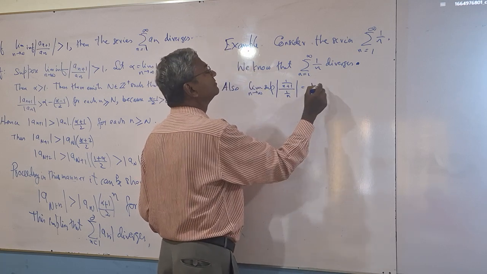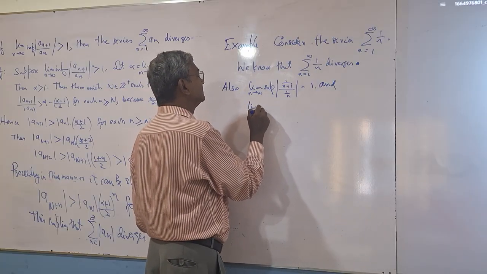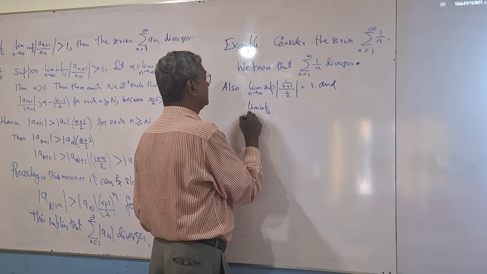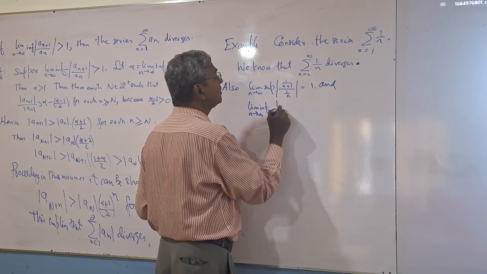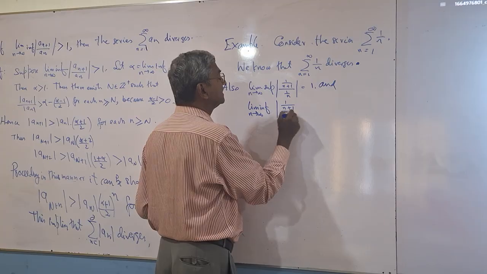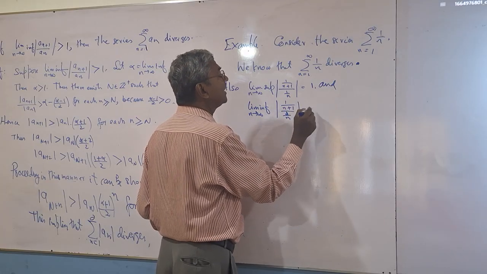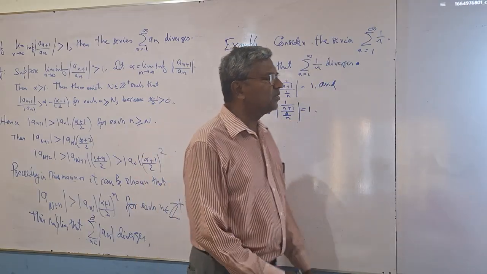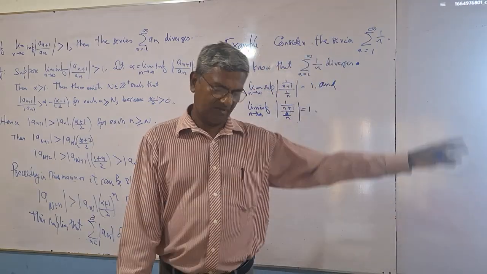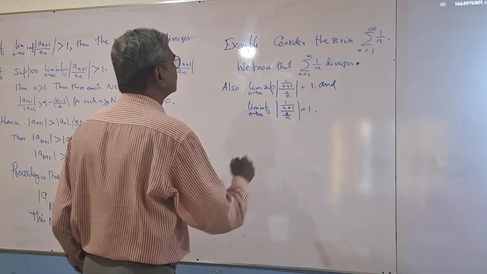And lim inf of (1 over n plus 1) divided by (1 over n) is also 1. The series diverges, and both of them are equal to 1. So you can use either one.